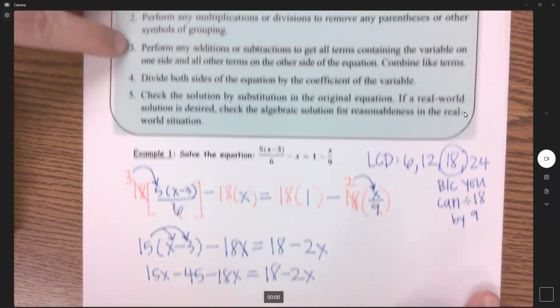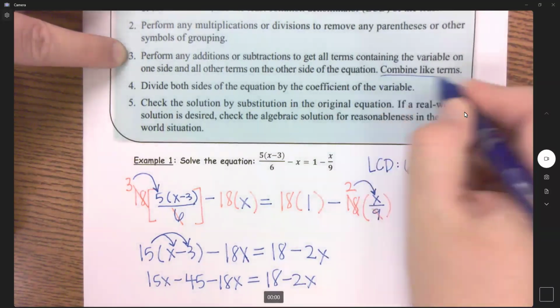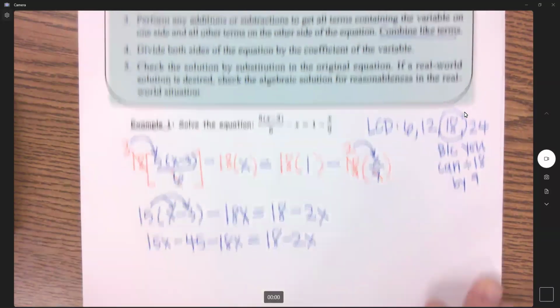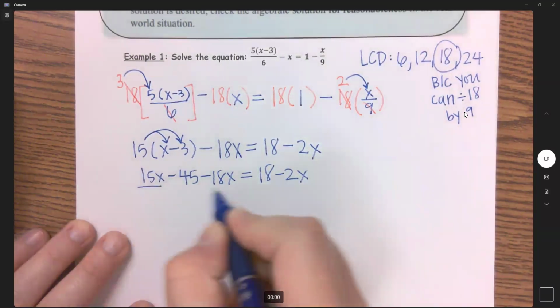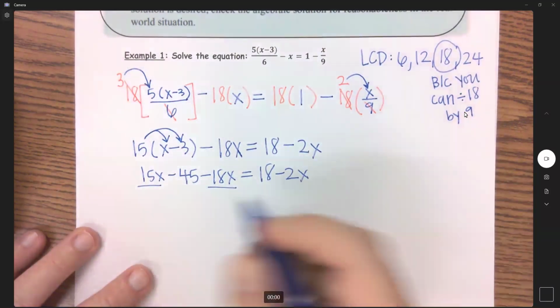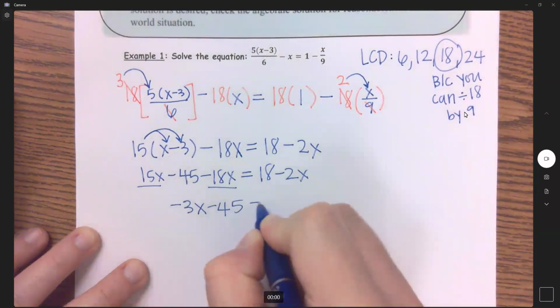My next step is to perform any addition or subtraction to get all terms containing the variable on one side and all the terms on the other side of the equation, combine like terms. I'm actually going to combine my like terms first. So on this side, we have like terms with 15x minus 18x to get -3x. I'm going to bring everything else down.